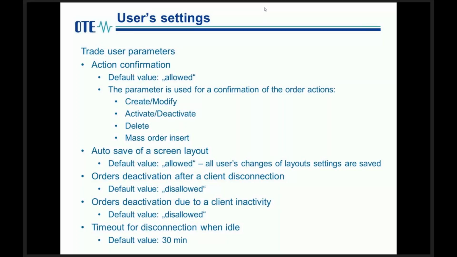As I said, this parameter is predefined, so that's why it's assumed that the dialog will pop up, but you as the market participant can deactivate this parameter and the confirmation window will not pop up.